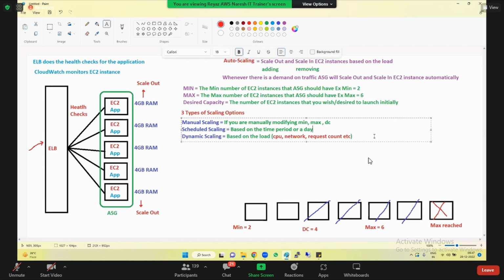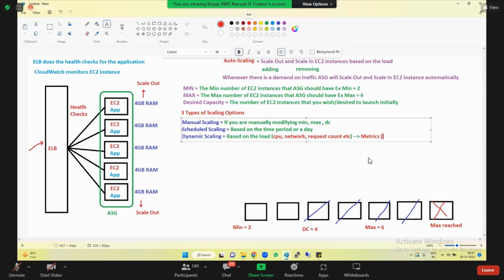You just mention, hey, my average CPU utilization should be 60. Based on that, it will dynamically scale out. The number is not fixed; it purely depends upon the load. The CPU, network, request count, etc.